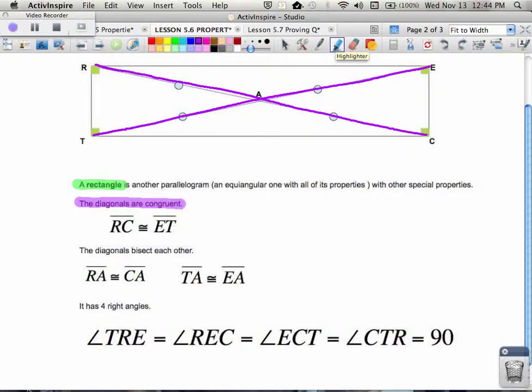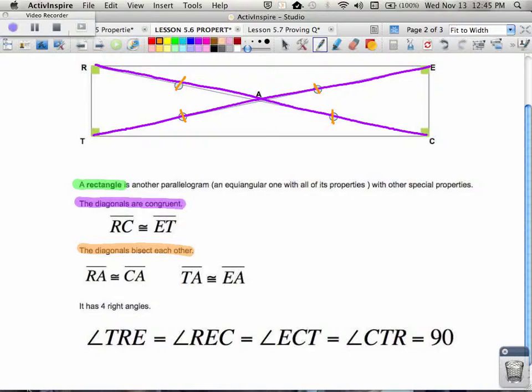So as I look at what that's saying to me, I know that these 4 pieces, RA, TA, EA, and CA, are all the same size, because we just learned that the diagonals bisected each other, which means cuts them in half, just now in the orange. And just before that, we talked about how they're equal. So if each of the diagonals would have been 10 units long, then each of the resulting pieces would be 5 units long. Therefore, we have 4 equal pieces.